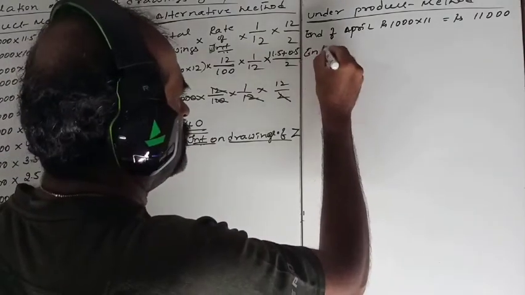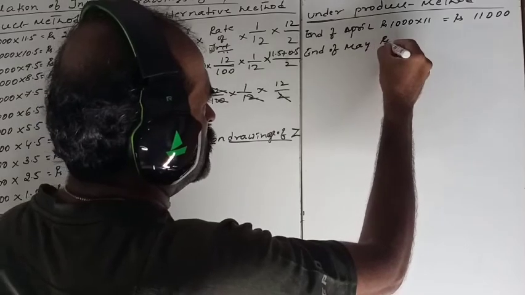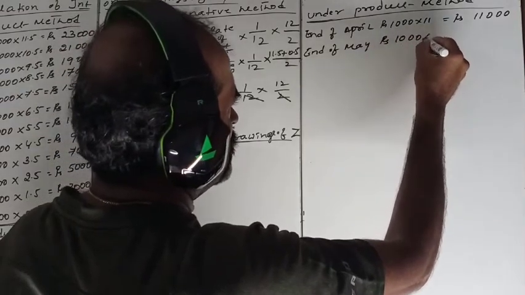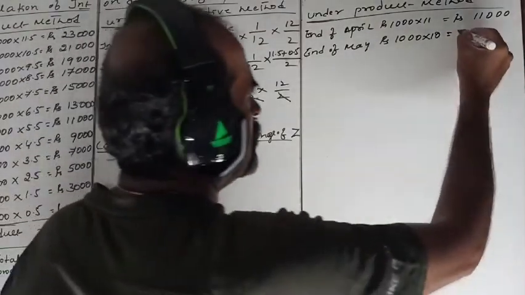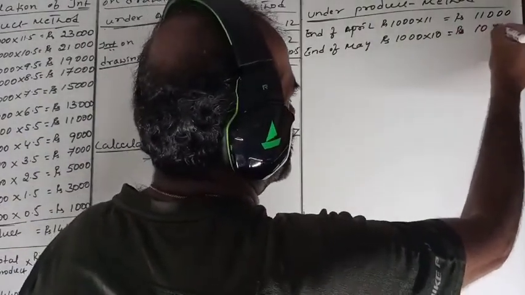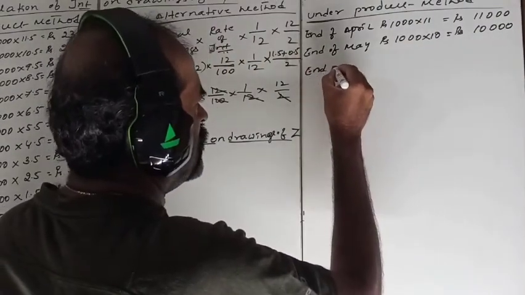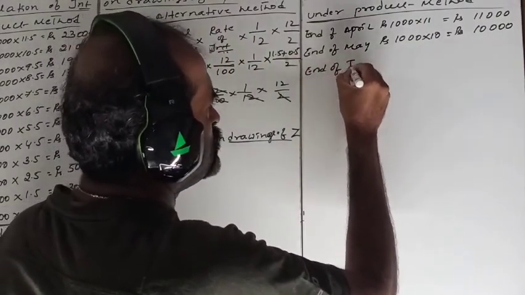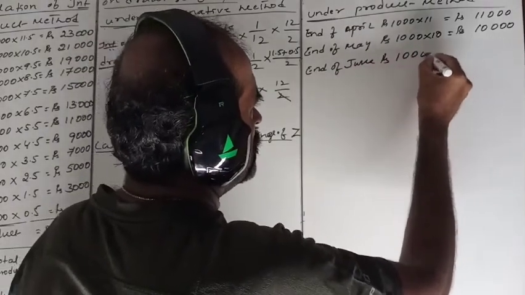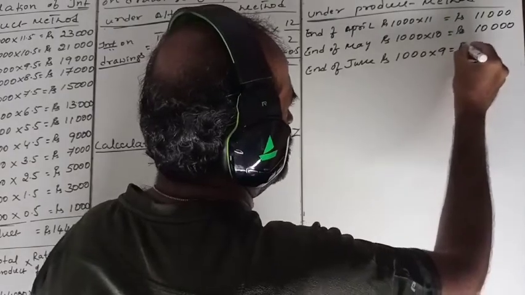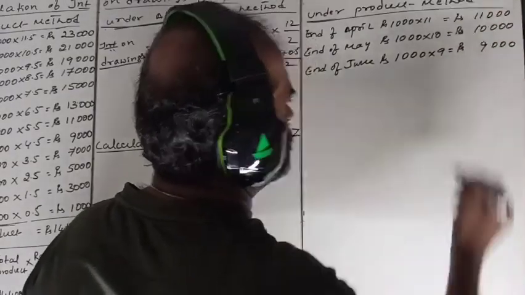Then end of May rupees 1000 up to 31st March, rupees 10,000. Next month drawn on end of June rupees 1000 up to 31st March, 9 months. Total product comes to rupees 9,000.